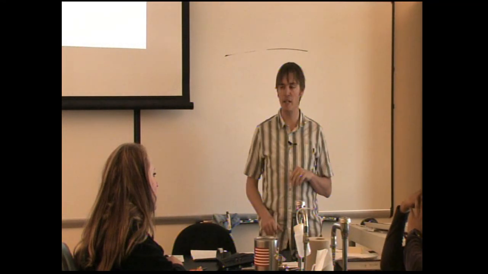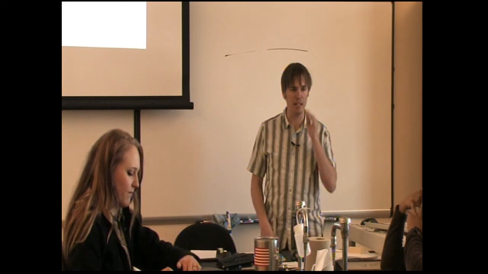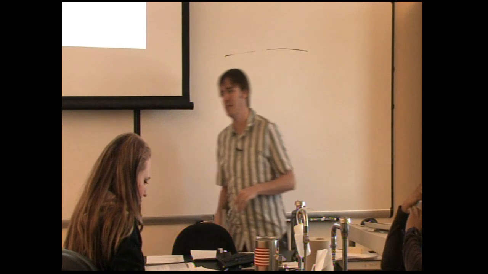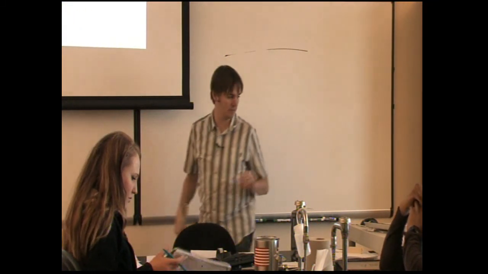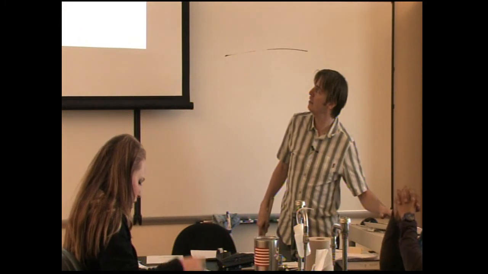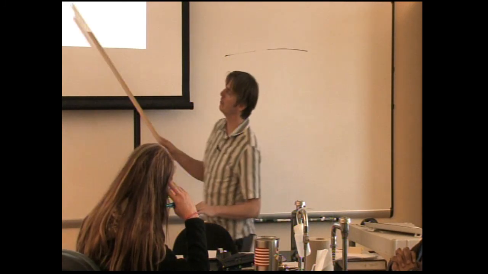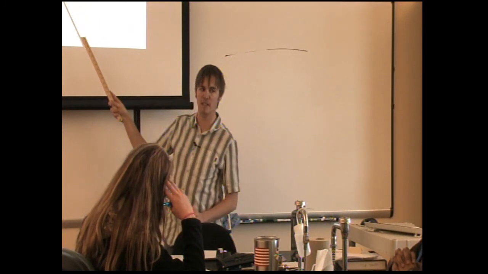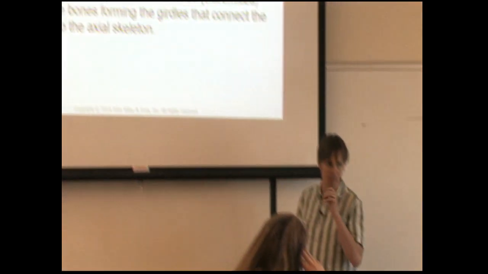All right, so chapter 7. In lab, we're going to play a lot more with the actual bones. So we have axial and appendicular. This chapter is the axial skeleton, so basically everything that's not an appendage or used to attach the appendages.